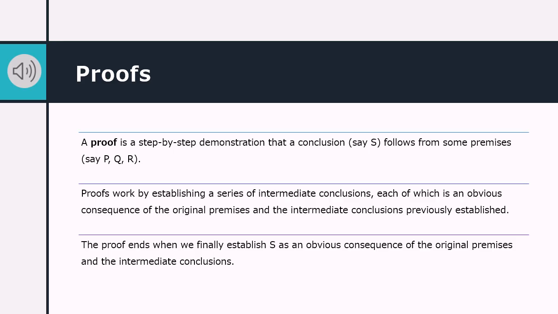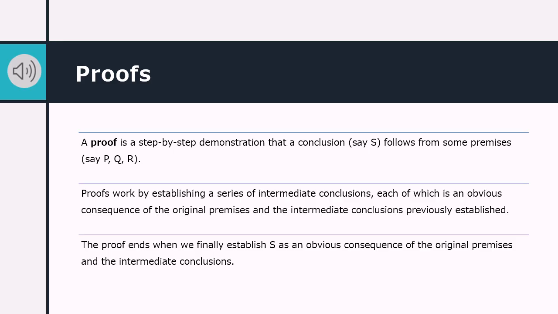And we'll be introducing several different types of methods of proof and being a little more clear about what an obvious consequence means. The proof ends when we finally establish the conclusion S as an obvious consequence of the original premises and these intermediate conclusion steps.